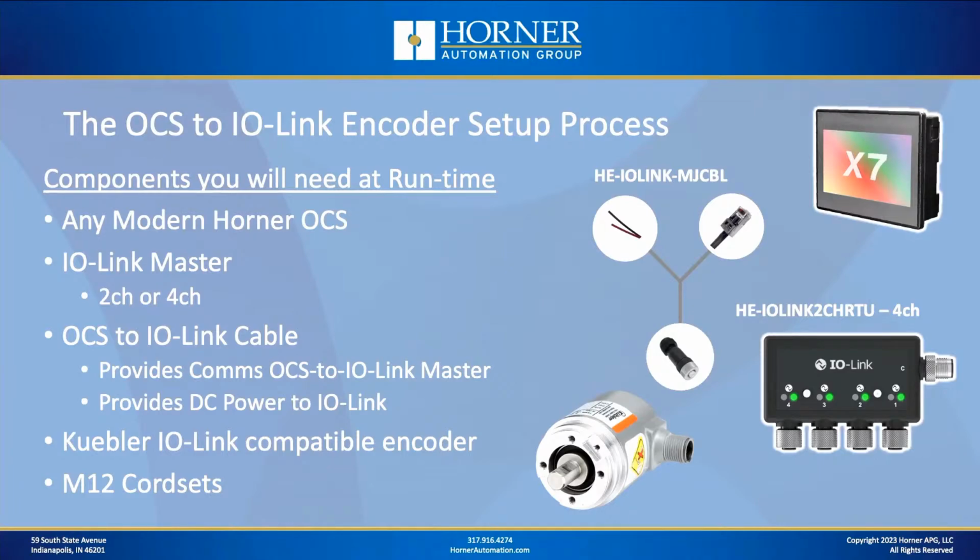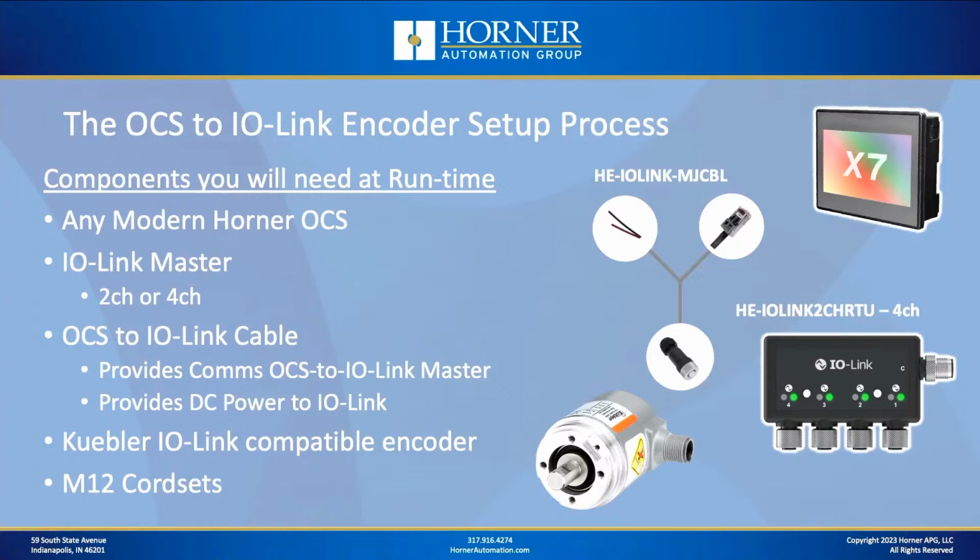It's kind of a Y cable, and you see it there in the center of the screen. That's the IO-Link-MJ cable. That cable provides communications between the OCS and the master, and it also powers not only the IO-Link master, but also any devices connected to it. Then, of course, you're going to need a Kuebler IO-Link compatible encoder, which you would have had to have for configuration, of course.